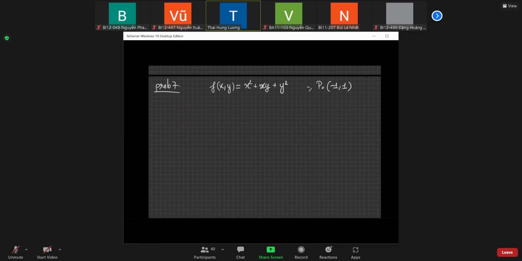So it is very important to remember that the function f increases most rapidly in the direction of the gradient vector. So let me write it down.